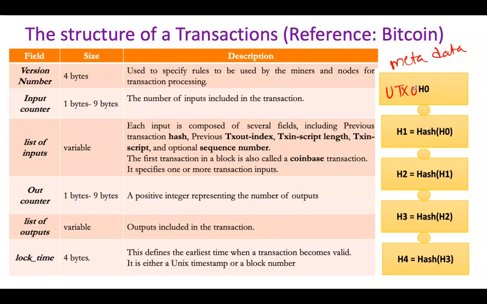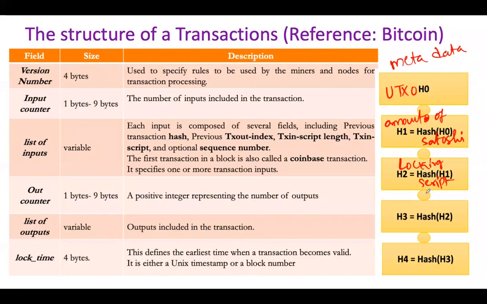The first field contains the amount of Satoshi, whereas the second field is a locking script. We will talk about these locking scripts in the coming lecture series.